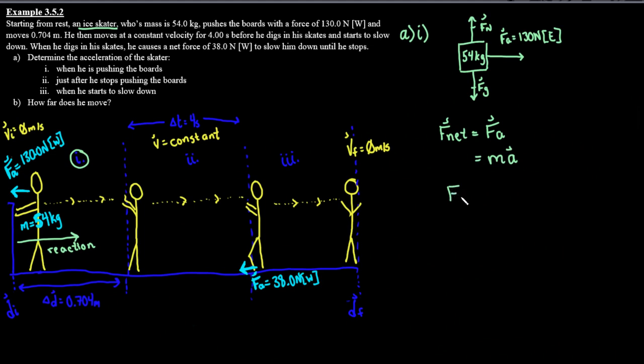So we can say that the applied force that he feels is going to simply be equal to his mass times his acceleration. And to solve for his acceleration, we're just going to look at taking this applied force and dividing it by his mass. So we take our 130 newtons in the east direction, and we divide it by his mass of 54 kilograms.